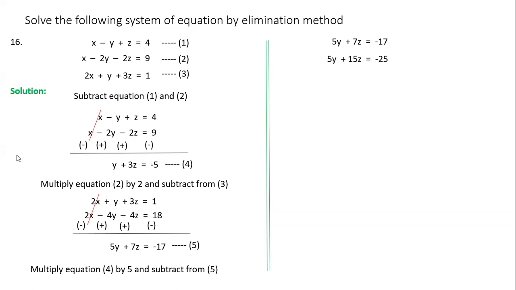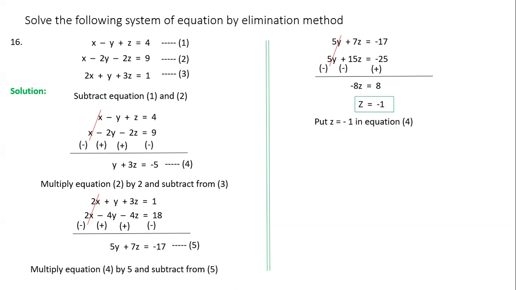So it becomes 5y minus 15z is equal to minus 20. I'm going to subtract it. So change the sign, change the sign, change the sign. Cancels. So it is 7 minus 8z is equal to 8. z is equal to minus 1.